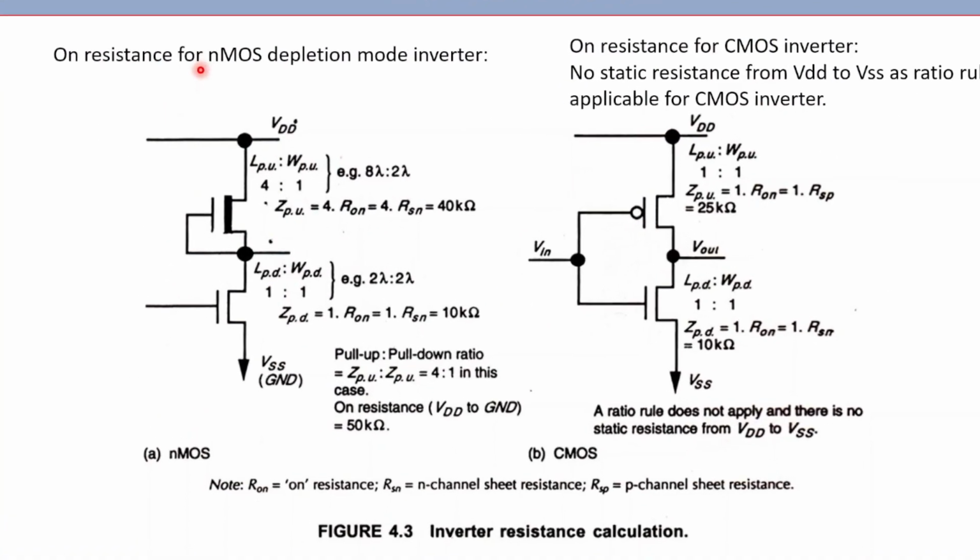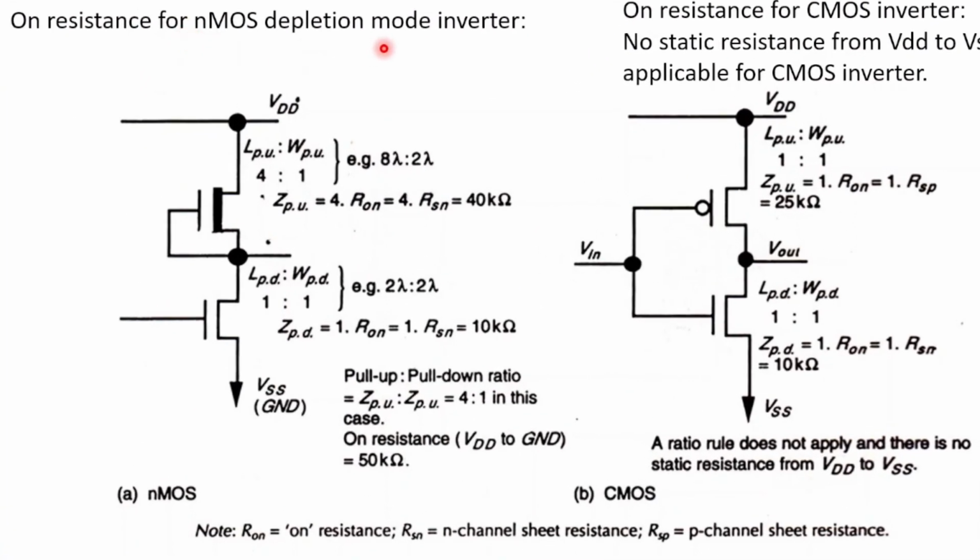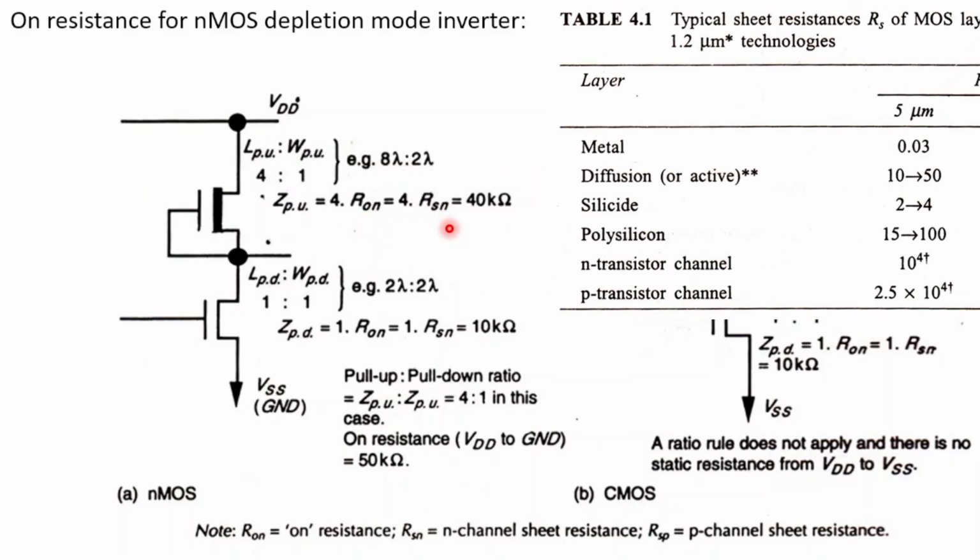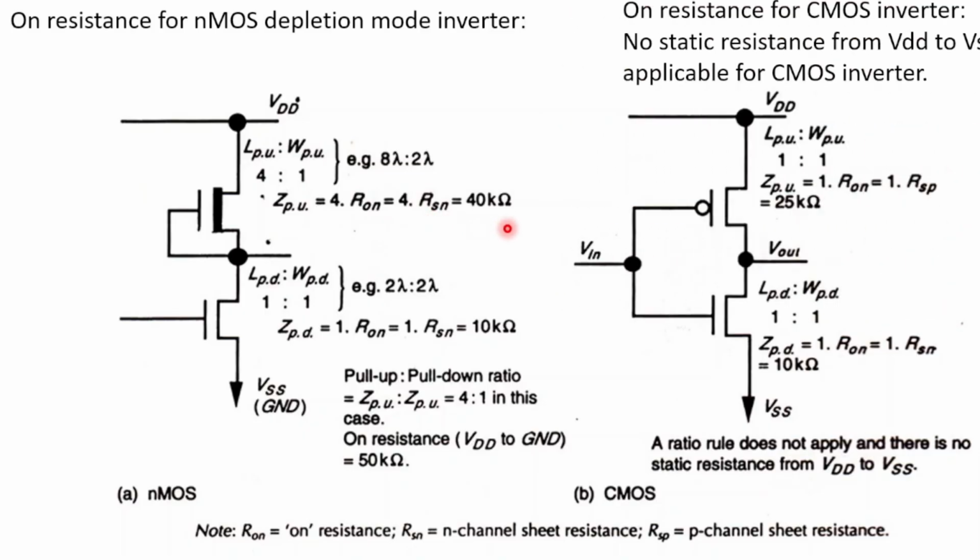Now if we want to calculate the on resistance for an NMOS depletion mode inverter, for the pull-up network, Z pull-up is given, that is 4. So on resistance is equal to Z into RSN, where RSN is the NMOS sheet resistance from the table. So R1 is equal to 4 into 10 to the power 4, that becomes 40 kilo ohm. For the pull-down network, Z pull-down is given, that is 1:1.